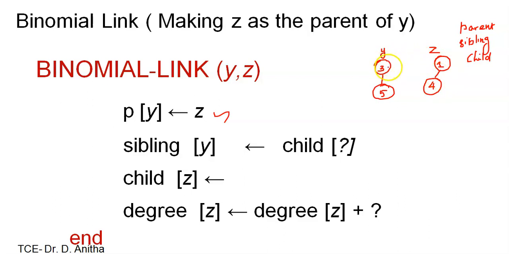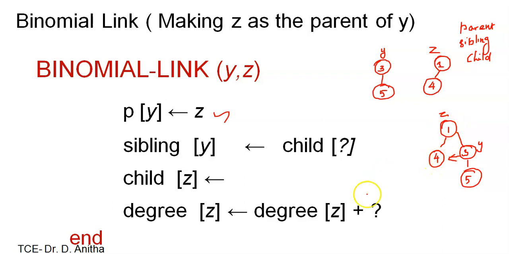So I have to update the parent, I have to update the child, and I also have to update the sibling, because after inserting, your tree would be like this, 3 and 5. This is called the linking operation, right? This is z and this is y. So y's parent will be z, z's child will be y, and y's sibling will be z's original child.